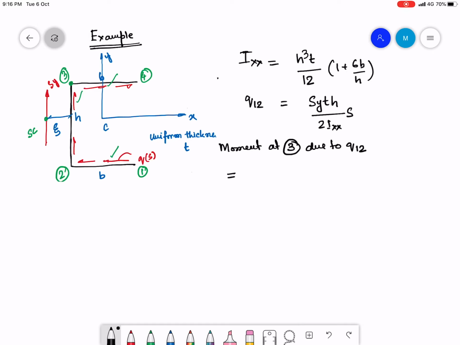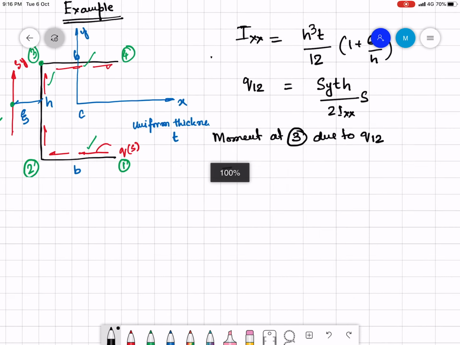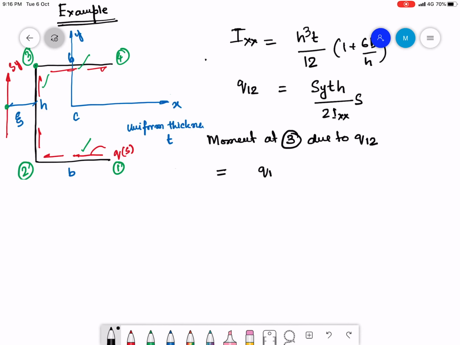So Q12 is the shear flow, so that is shear stress into thickness. So the force is going to be Q12, which is a function of s, as we know. Q12 of s into ds is the force, because Q12 is Newton per meter, and into ds it is going to give us Newton. So this is the force, right? And that into the distance from point 3, which is h, I need to integrate between 0 to b.